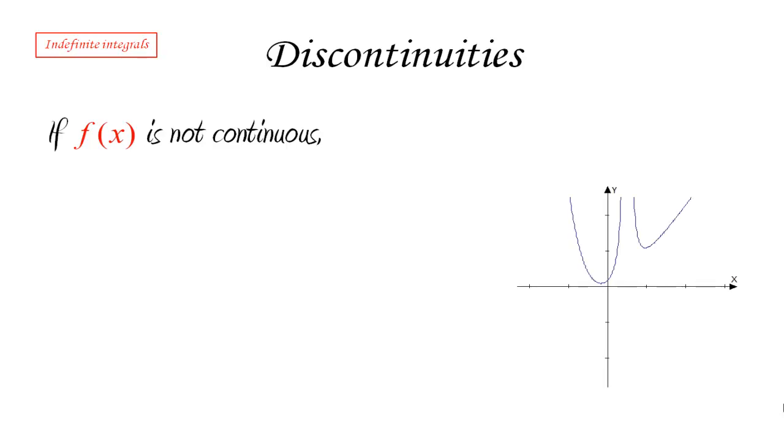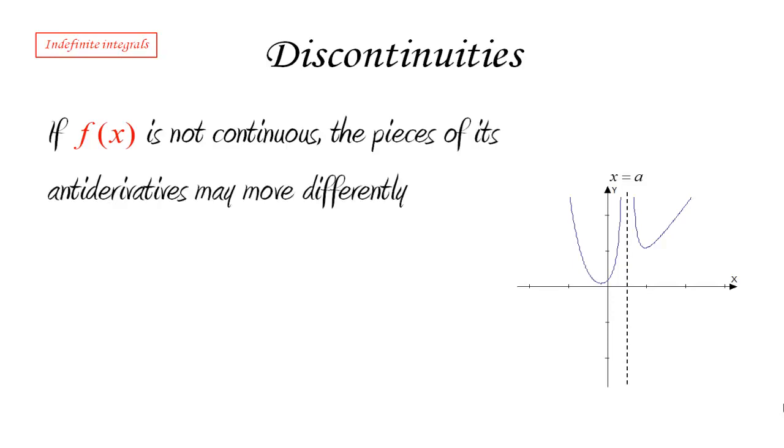Just for simplicity, let's say we have a function like that and say it has a vertical asymptote at x equal a. Now, what I can do is I can still compute the antiderivative of the left-hand side and the right-hand side. But as I do that, those two antiderivatives, the two pieces that correspond to the two pieces of the given function, can be moved by the constant by different amounts.